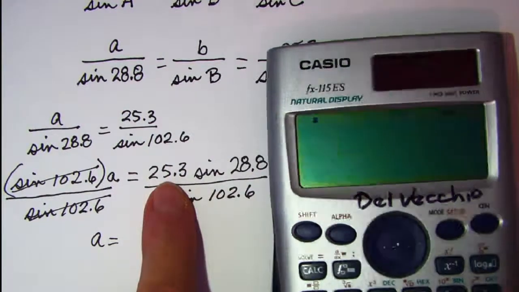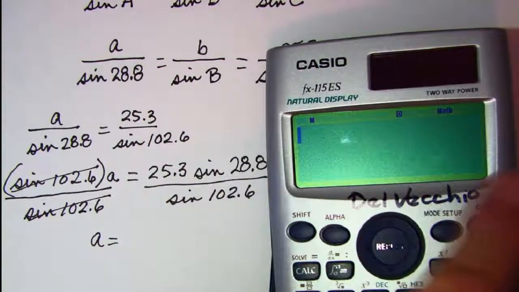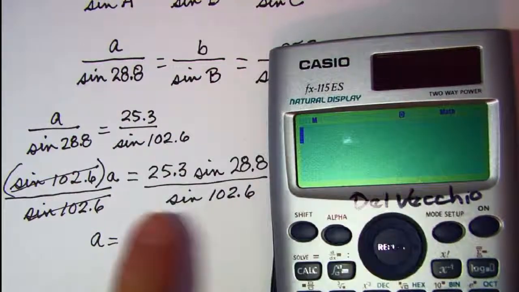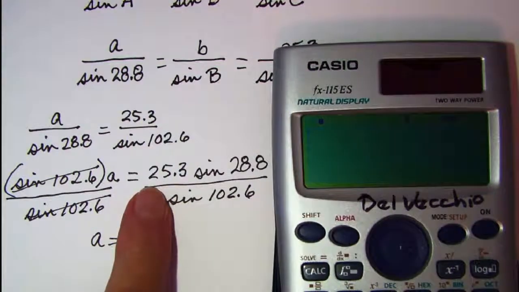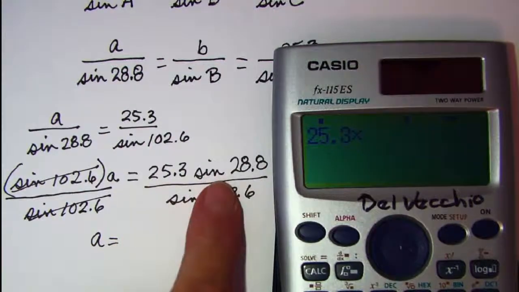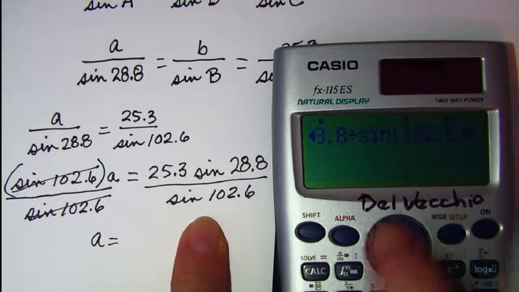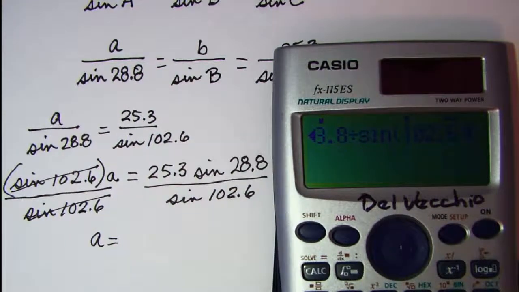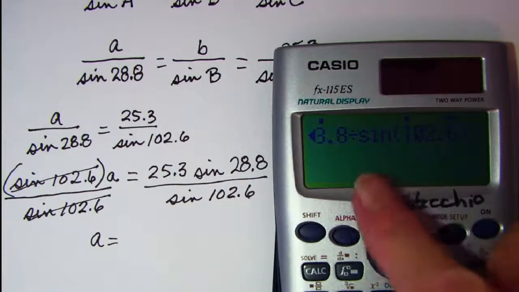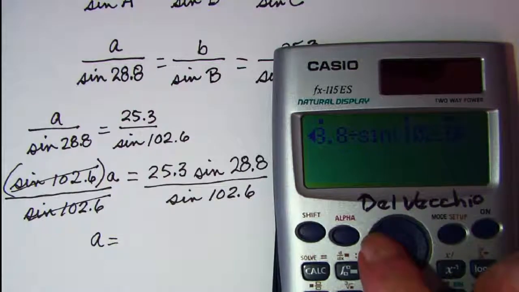Make sure we're in degree mode. I have a little D showing. So 25.3 times the sine of 28.8 divided by the sine of 102.6. Now let me make sure. Calculators are all different, and I think this one opens up parentheses automatically.